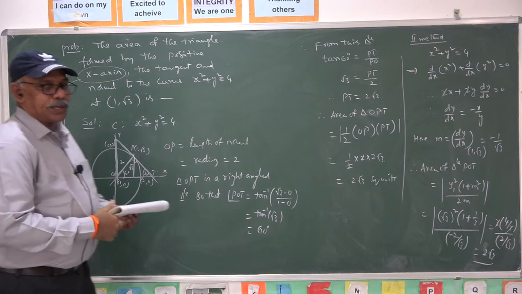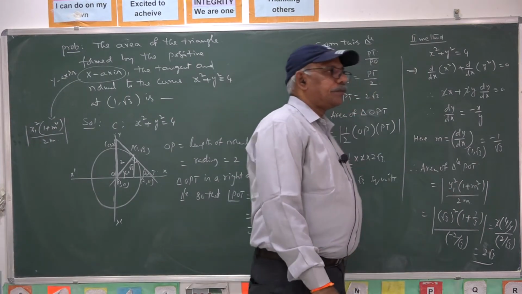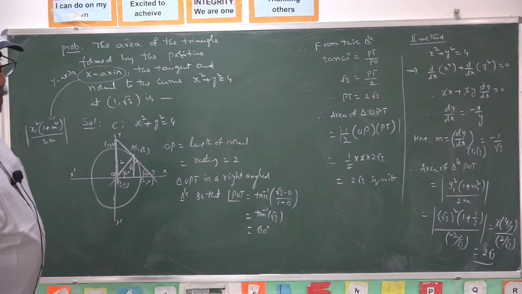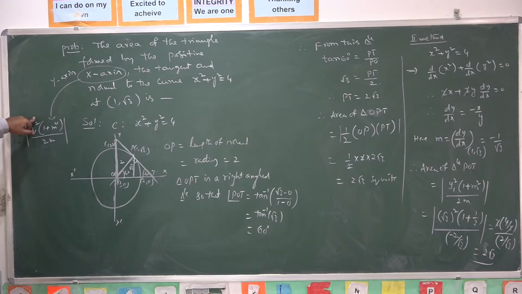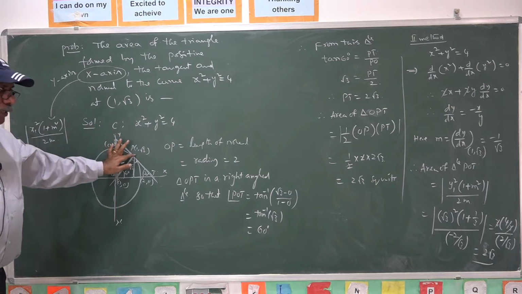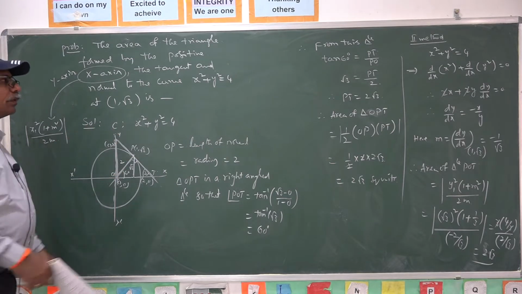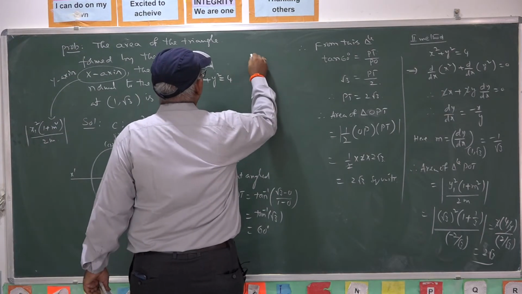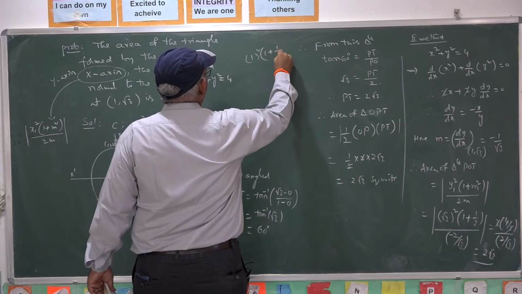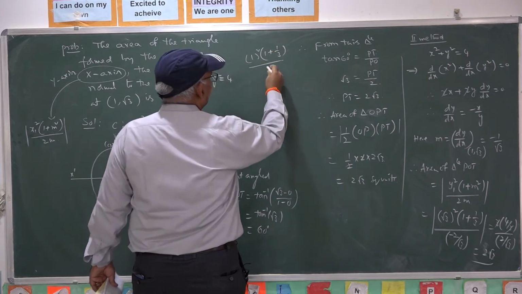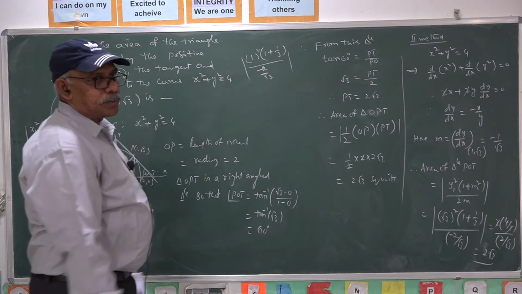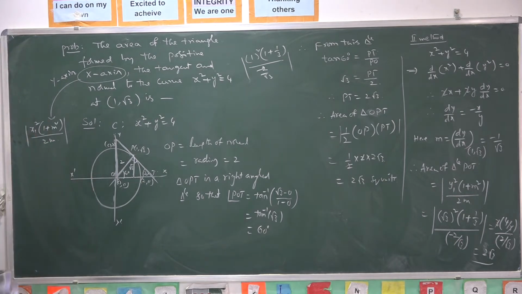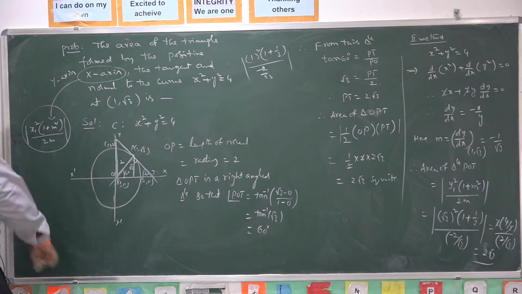Instead of the y coordinate here, simply you can take the x coordinate instead of y1. So, in such case, the required formula is modulus of x1 square into 1 plus m square by 2m, the required area of the triangle formed by tangent, normal and y-axis. So, x1 square means 1 square into 1 plus 1 by 3 by 2m. This is our area of the triangle formed by tangent, normal and y-axis. This formula is to be considered.